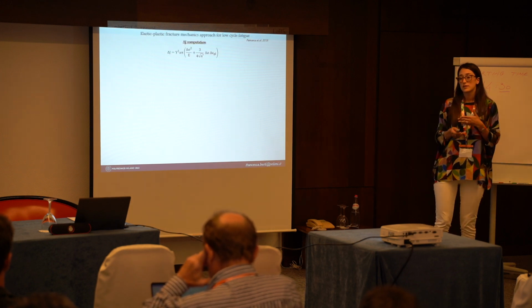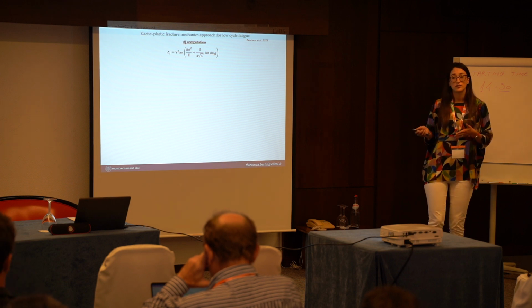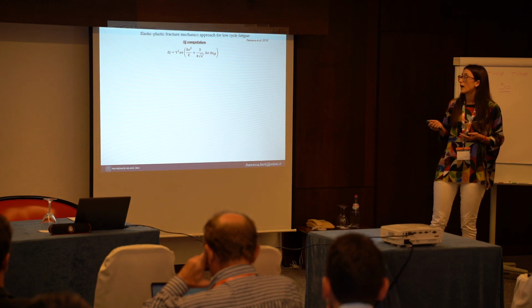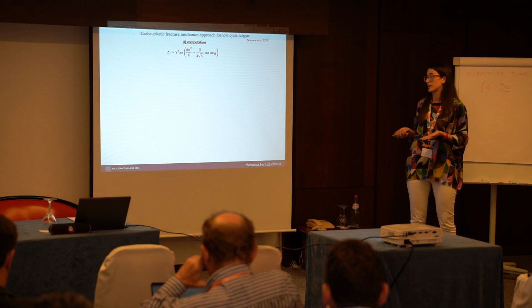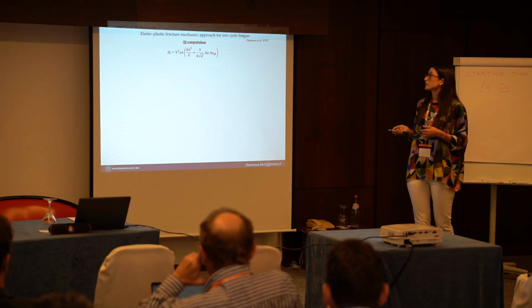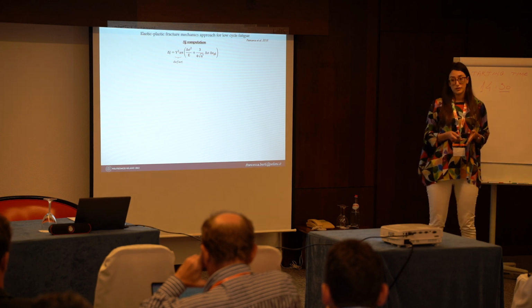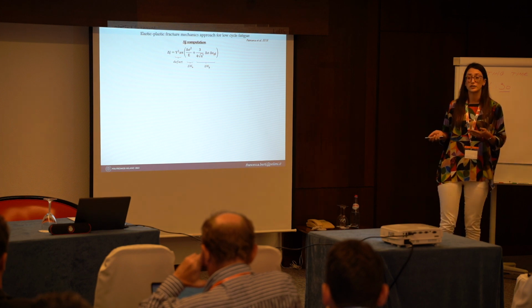What we did is start from the computation of the cyclic J integral, so from an elastic-plastic fracture mechanics approach. I'm using this simplified formulation from the work of Patriarca. In this formulation, the cyclic J integral is a function of the shape and size of the defect, and also of the elastic and plastic contributions of the energy.